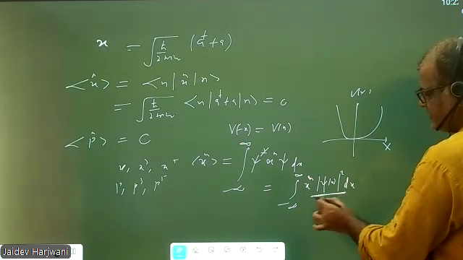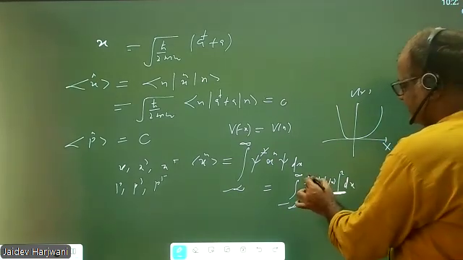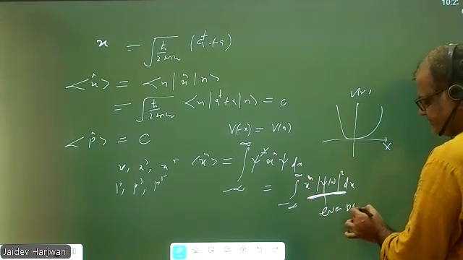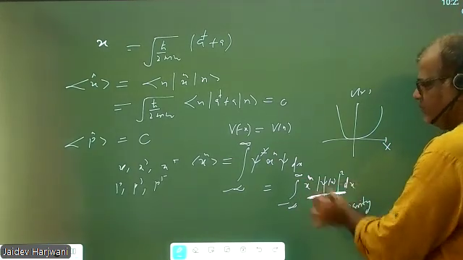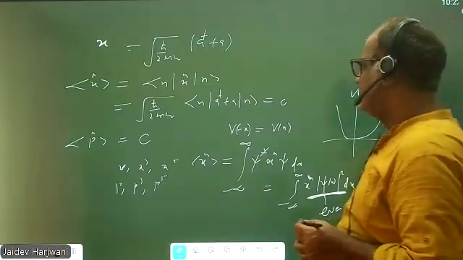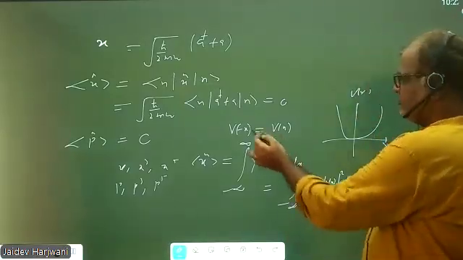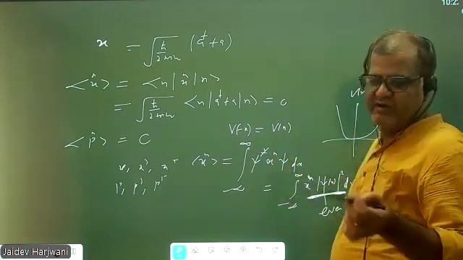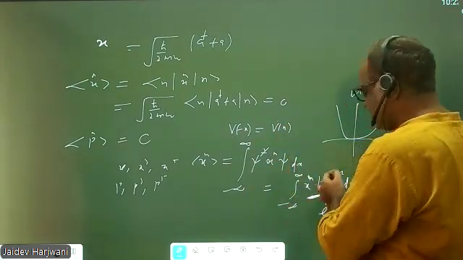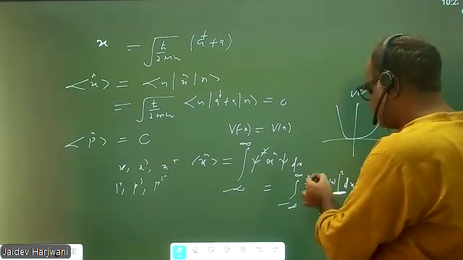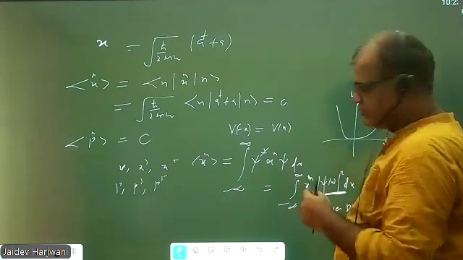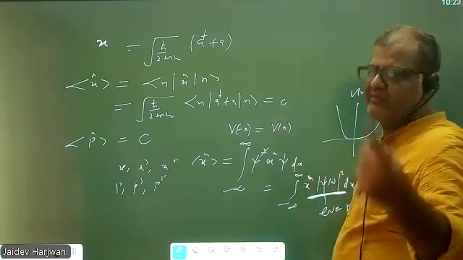Now this mod psi square is always an even function, a function with even parity. Mod psi x squared is always even because whenever you have a symmetric potential, psi can be either even or odd. So if it is even, then the mod square is also even, and if it is an odd function, then also mod square will become even.